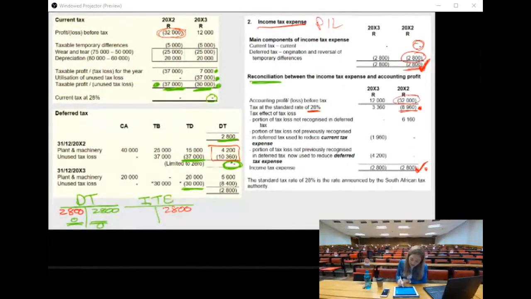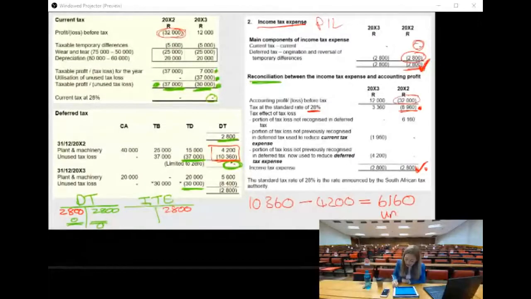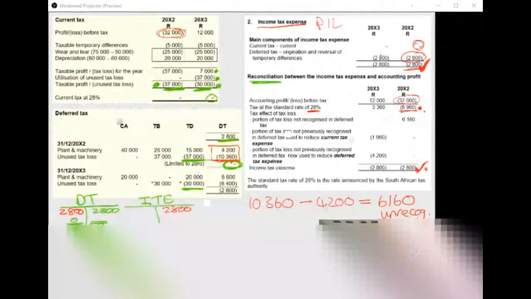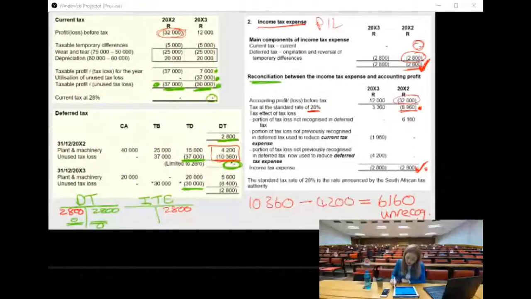So that 10,360 that we have over here, we were able to recognize 4,200 of that. However, the remaining 6,160 was unrecognized. Okay, and the unrecognized portion is now what gives us problems here, because if we were able to recognize the full amount, then we would have had the 8,960 negative over there as my movement in temporary differences.